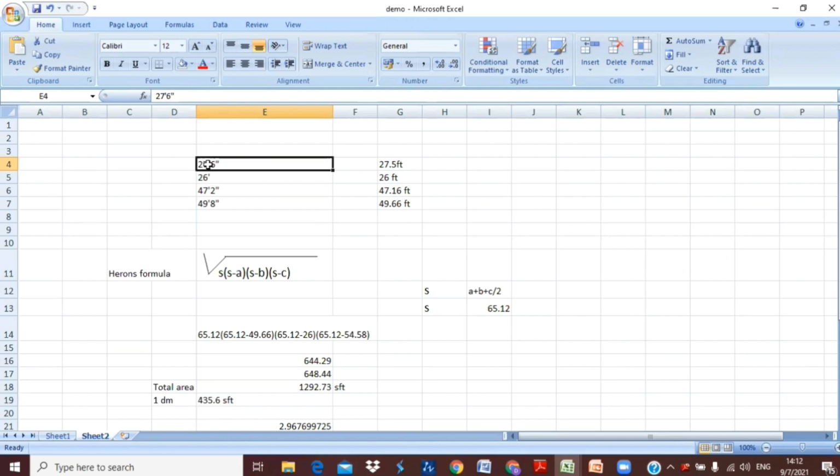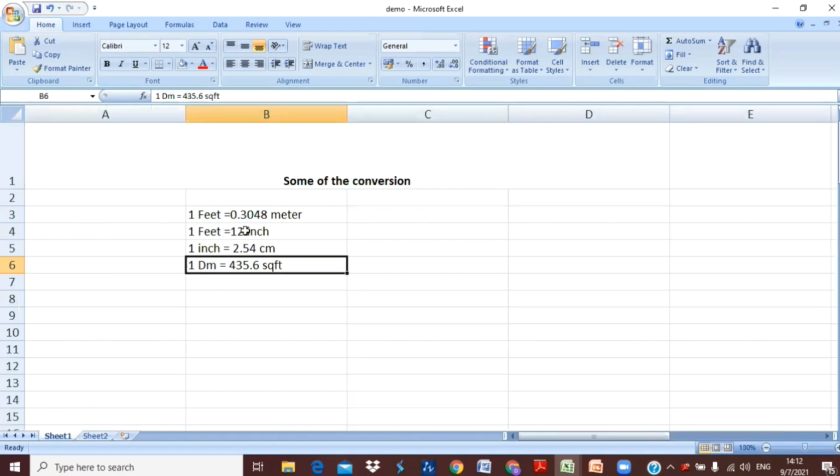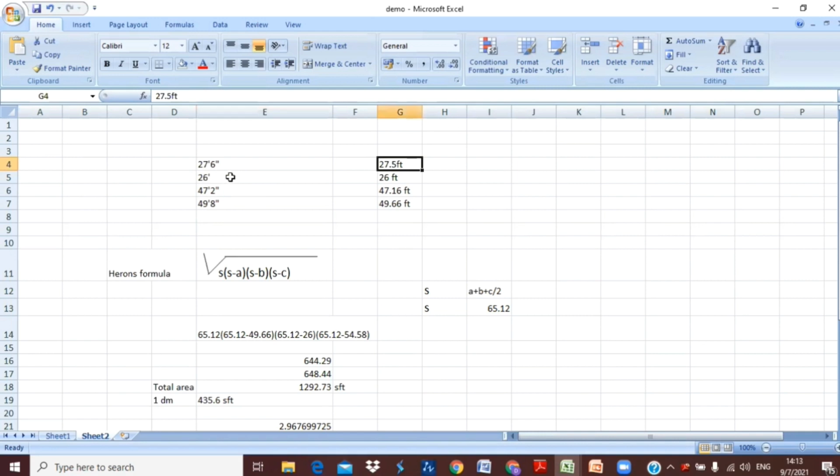Like you can see, 27 feet and 6 inches; you have to convert it into complete feet, so you can see here I have converted inches into feet. The next one is 26 feet, so as it is, it will be written as 26 feet. Next is 47 feet 2 inches, which I have already converted. You can also convert it by taking 2 inches divided by 12, which gives the value in feet, and then simply add it to 47 feet.